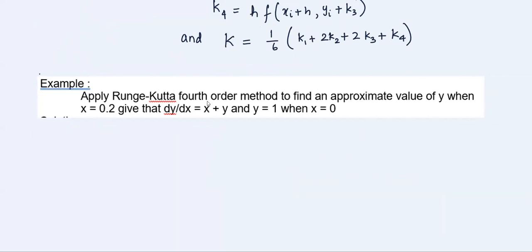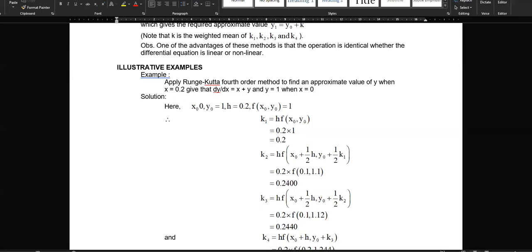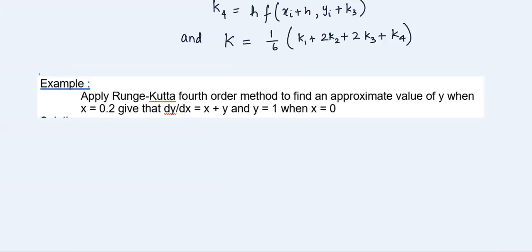Apply the Runge-Kutta fourth order method to find an approximate value of y when x is equal to 0.2, given that dy by dx is x plus y, and when x equal to 0, y equal to 1. So the h value we are directly taking as 0.2.